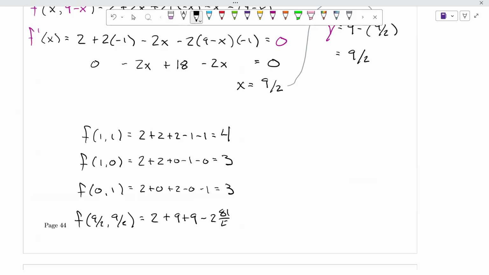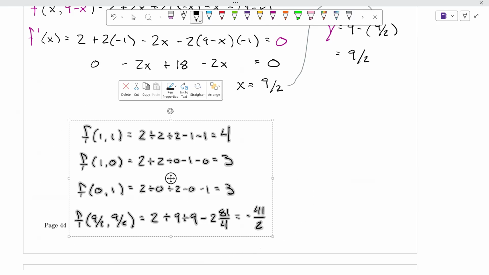Which is going to come out to a number. 9 plus 9 plus 2 is 20. 81 over 4 times 2 is just 81 over 2. 20 is 40 over 2. So that's 40 minus 81 is negative 41 over 2. If my real quick arithmetic yields any results, then I should go get the other values.